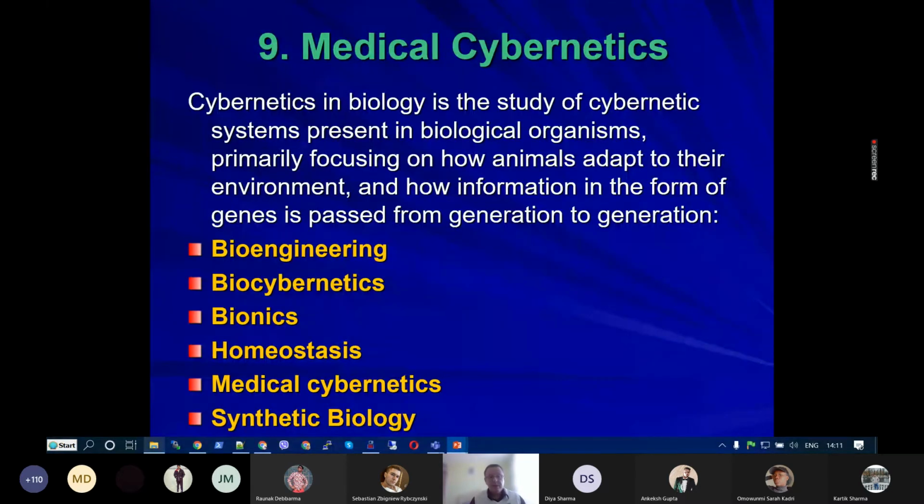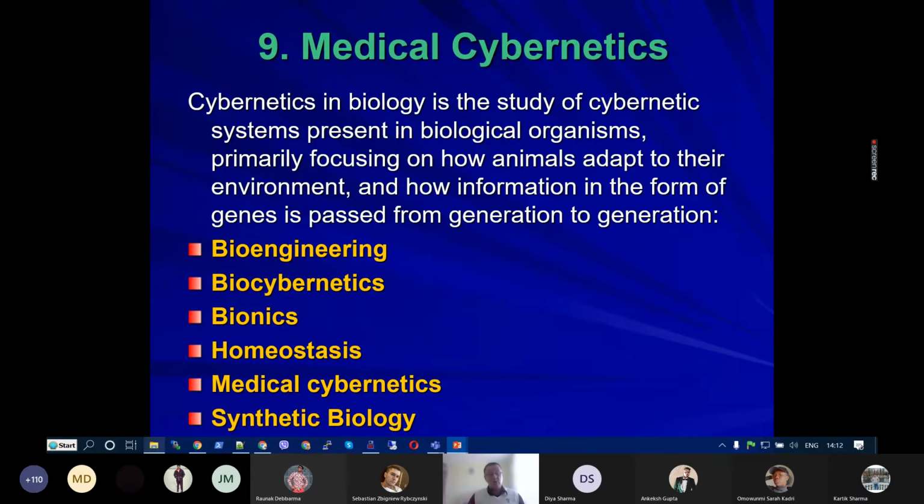So cybernetics in biology is the study of cybernetic systems presented in biological organisms, primarily focusing on how animals adapt to their environments, or a second approach, information in the form of genes or biochemical signals passed from generation to generation, passed between tissues and organs and so on. And among the activities in medical cybernetics, there are already a number of them: bioengineering, biocybernetics, bionics, medical cybernetics, synthetic biology, study of homeostasis, and so on.